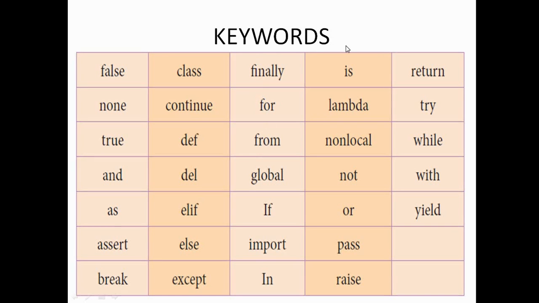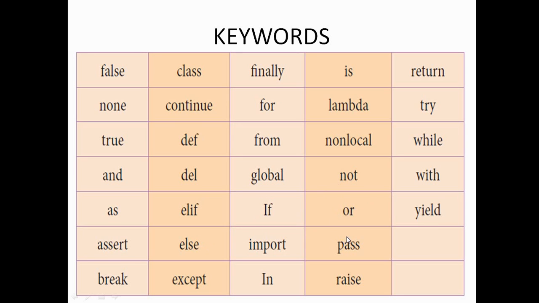What is a keyword? Keywords are special words used by the Python interpreter. These words have specific meaning for the interpreter. For example, while writing a program, if you want to check some condition, you write the condition. If the condition is satisfied, you will have some statements.